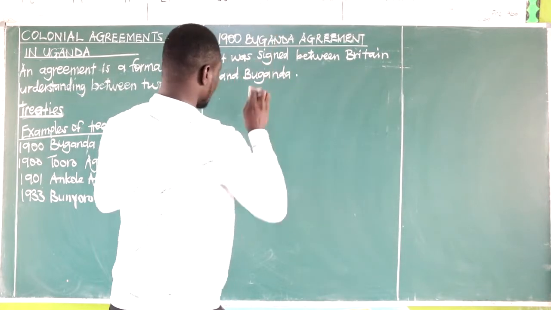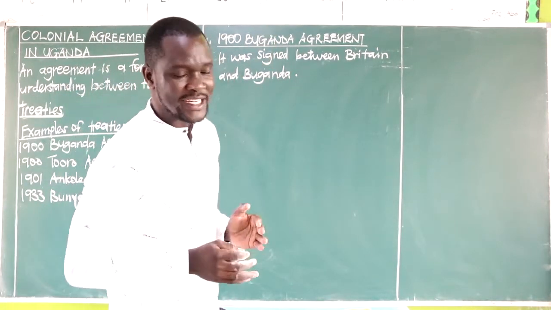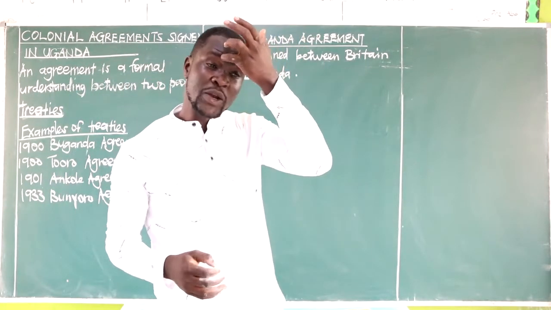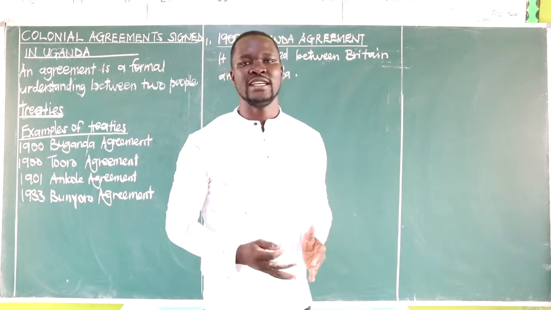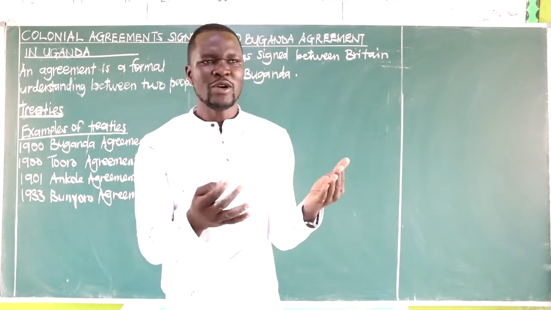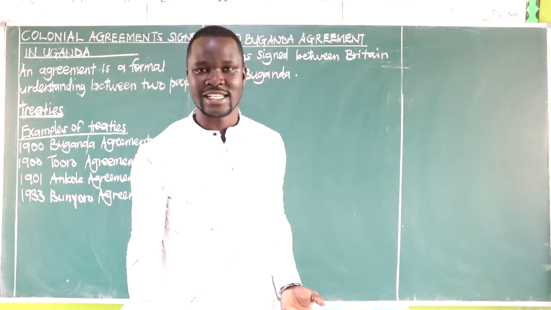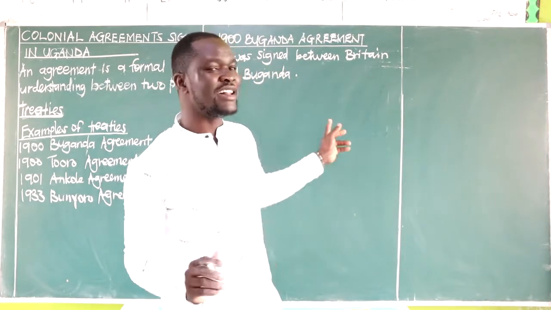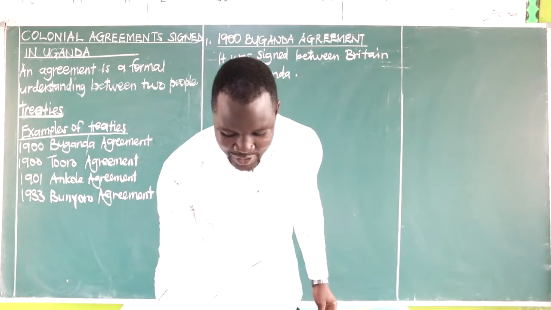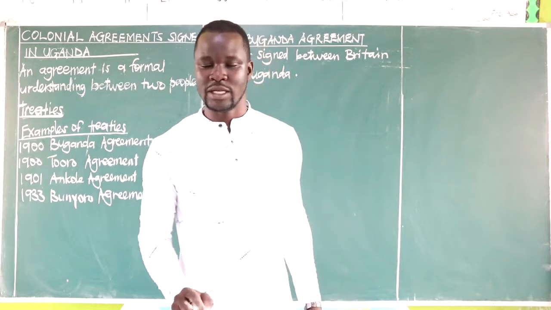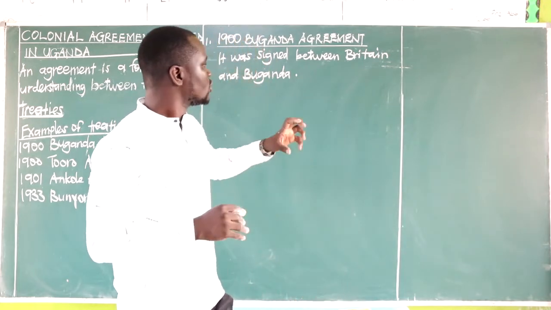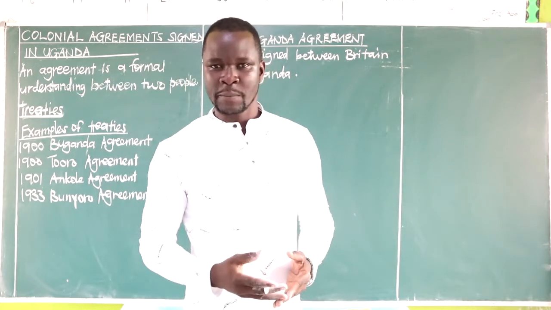What I want you to understand is that when we say Britain signed it with Uganda, we don't mean that all the British put signatures there, or that all the Baganda had to come and sign. No. They had to get representatives.